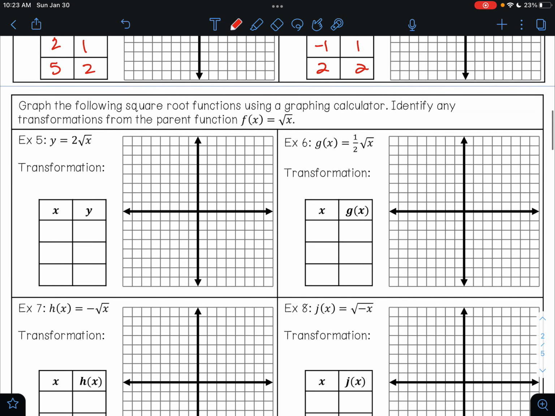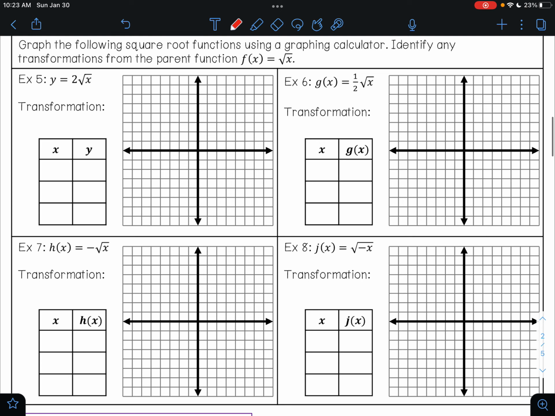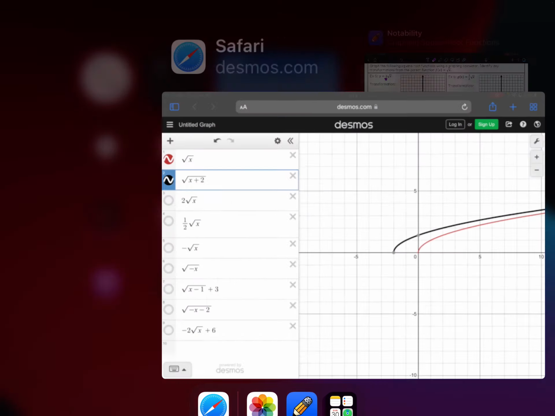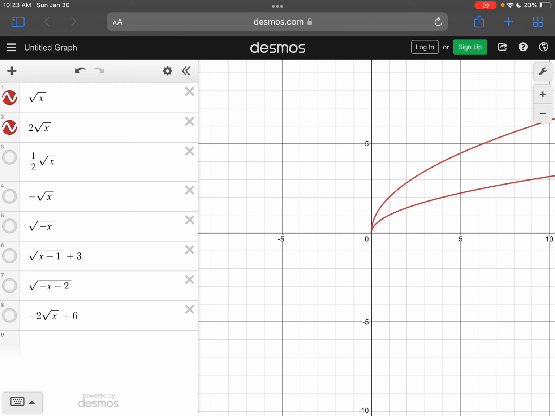Let's go ahead and look at example 5. On example 5, now we have this 2 out in front. Let's see how that changes things. When we have that 2 out in front, we've gone from our original function to this new function. This is a vertical stretch by 2. By looking at the graphs, you can see how it's pulling it up.